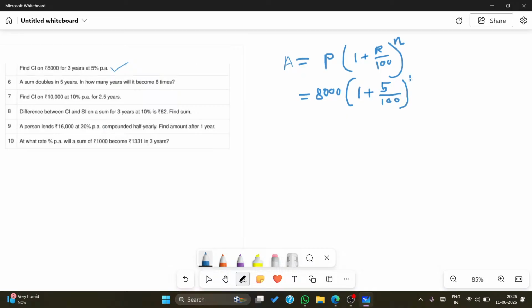N means 3 years, so this will be 3. So 8,000 is multiplied by 105 divided by 100, which will be 3 times.